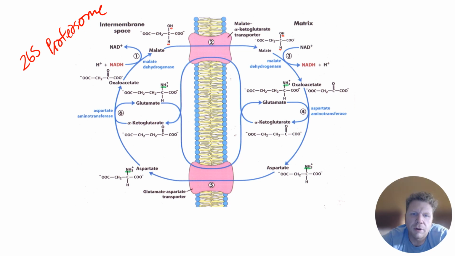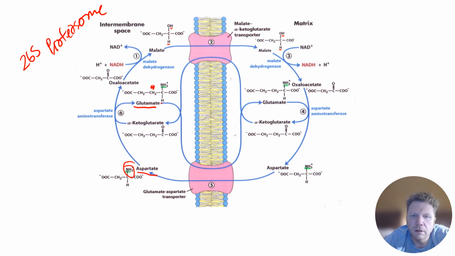And if we take an amino acid like aspartate, it can undergo a transamination reaction where it transfers an amine onto a molecule like alpha ketoglutarate, making glutamate. So if we've got aspartate free in the cell, that's going to transfer to make glutamate.